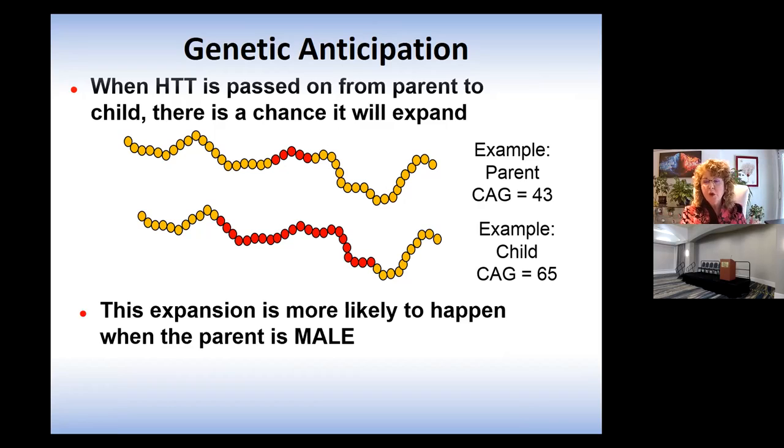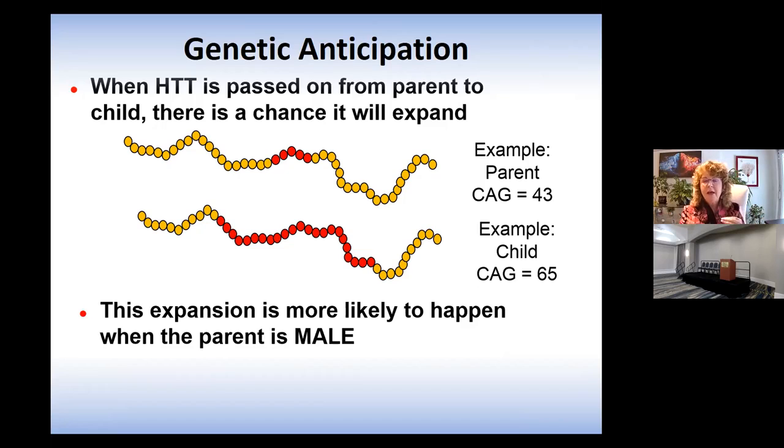And it's much more likely to happen when the parent is male. That's why for juvenile Huntington's disease, almost always, not always, but almost always, the parent is male. It's because that expansion, when the parent passes it on to the child, is so much more likely if it's male.